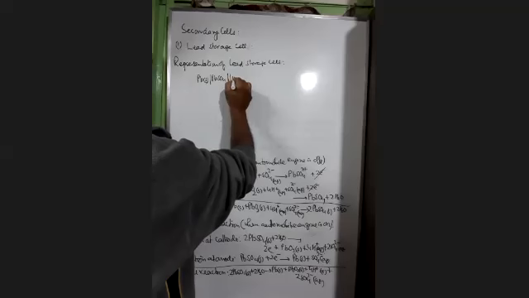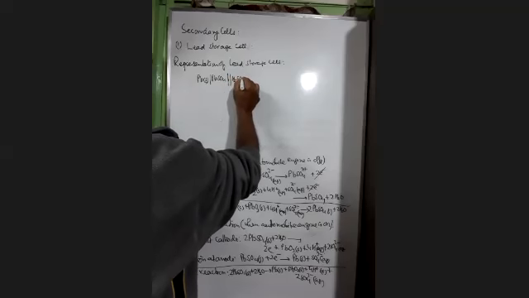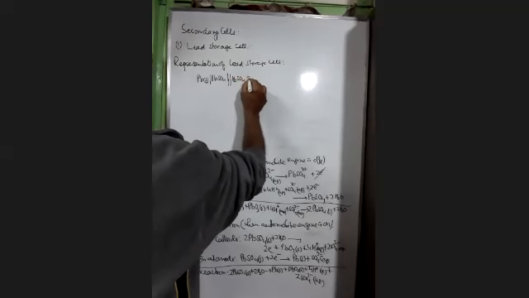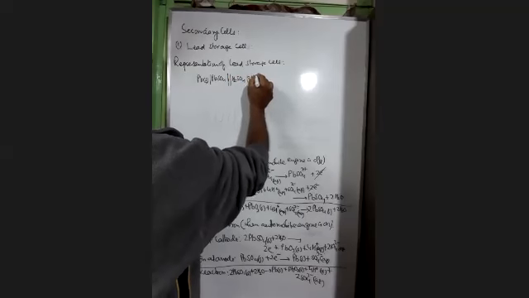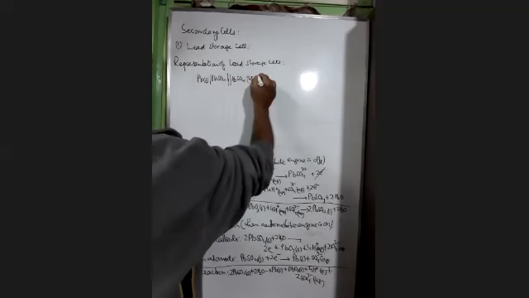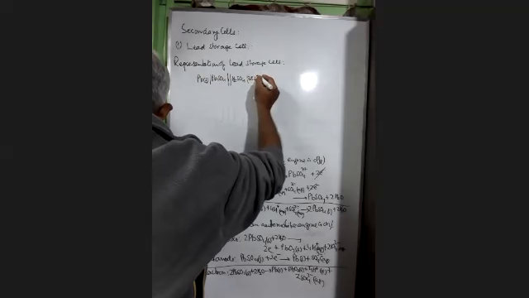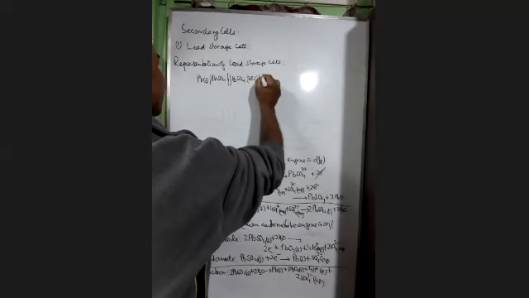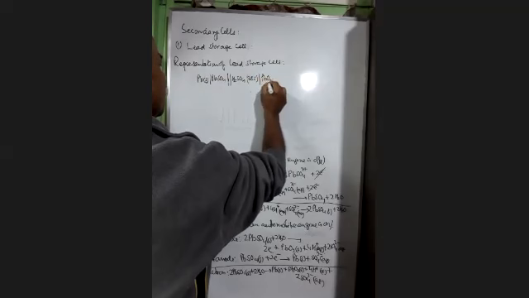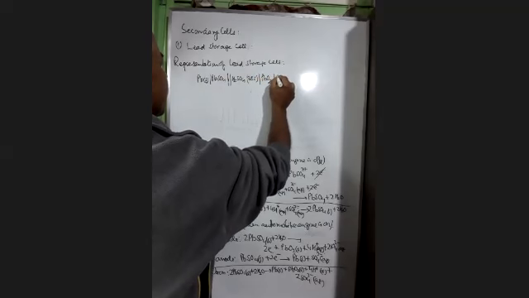Then what you have here? H2SO4, 38%. Then PbO2, supported on what? Supported on lead. This is the representation of lead storage cell.